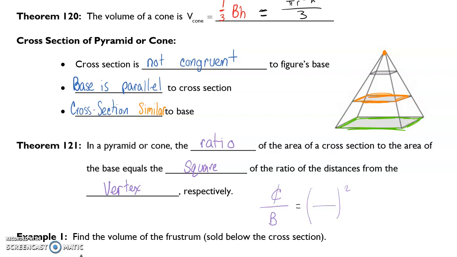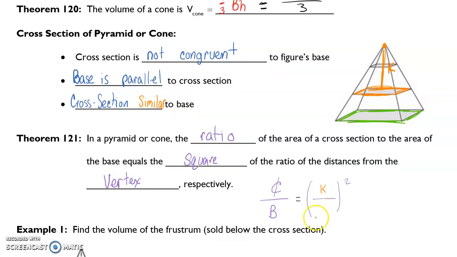Vertex to here is one distance, that altitude, I'll call it K. The altitude to the cross-sectional area goes in my numerator. And then vertex here all the way down to the base here.